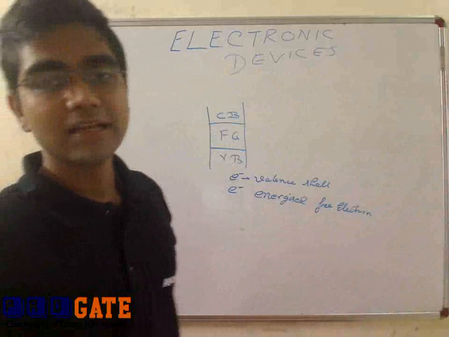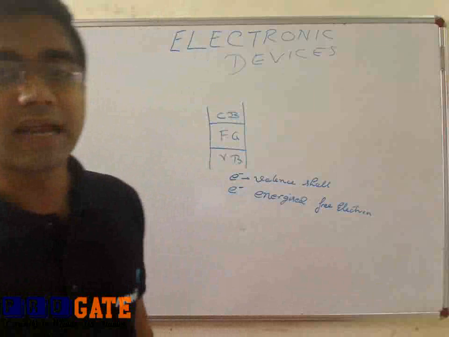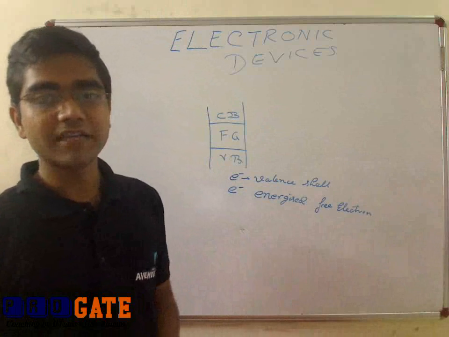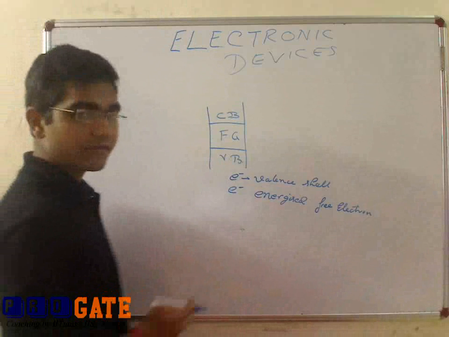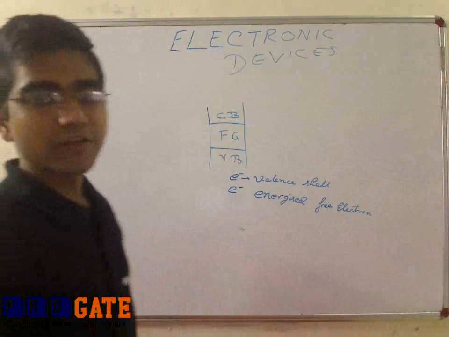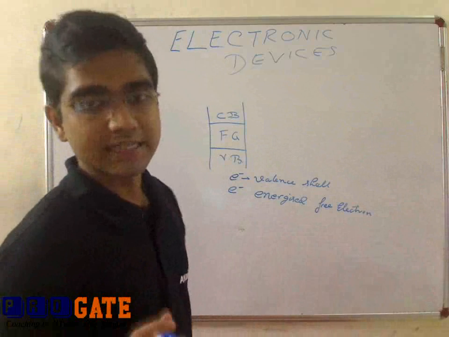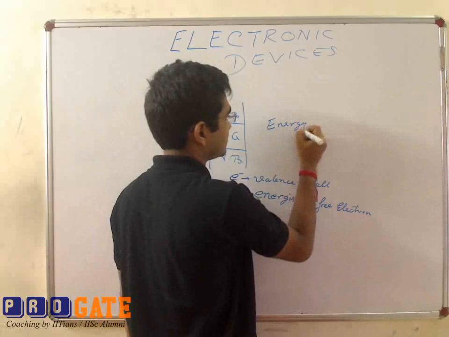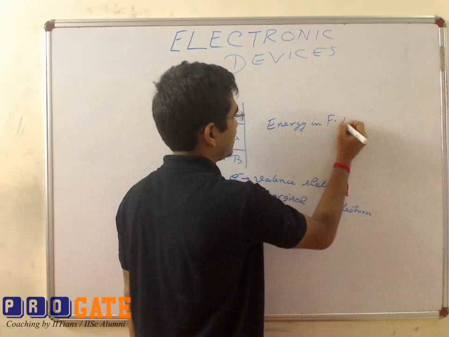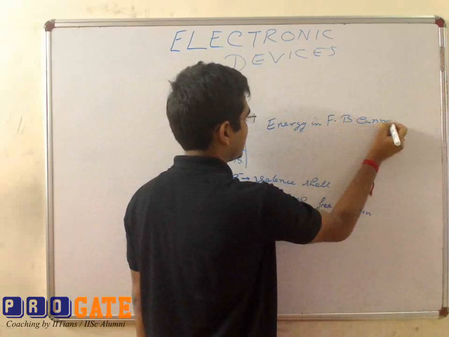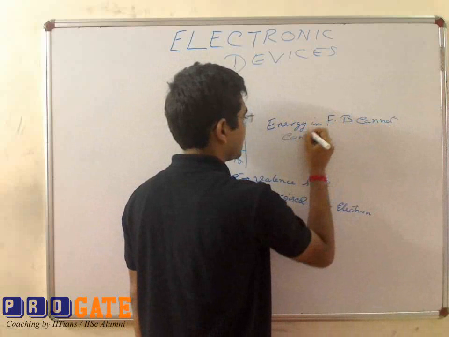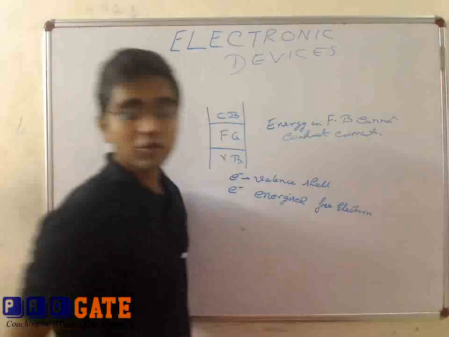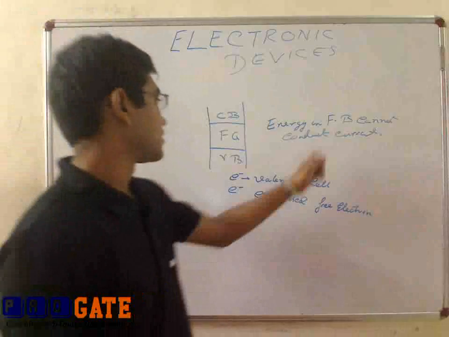Any energy which lies in the forbidden band is not allowed for an electron for conduction of electricity. So, if an electron has energy equal to some energy in the forbidden gap, then it cannot conduct current.